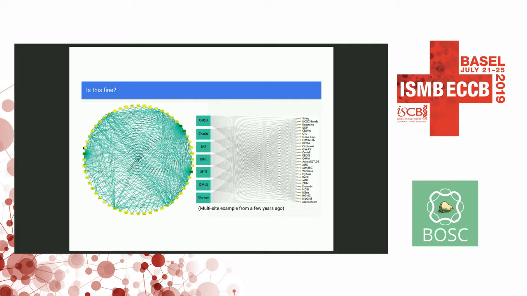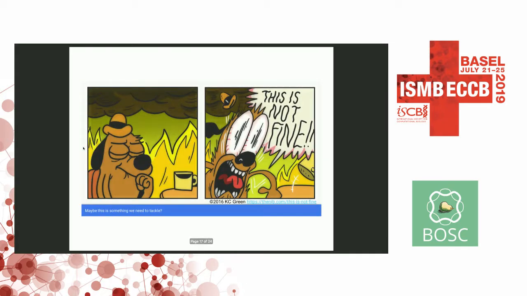You can see that the time and energy it would take to get data in the clear and harmonize all the different terms presented by these resources could be quite expensive and time-consuming, with no guarantee of being able to pull it off in the end. So I would propose this is actually not fine.